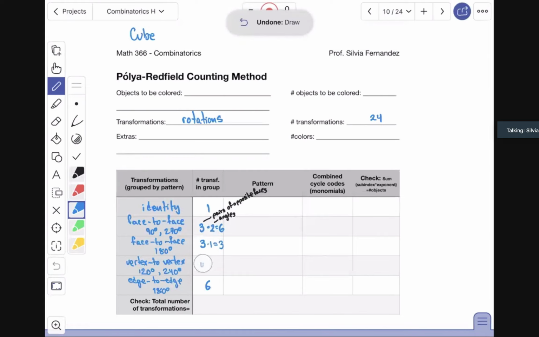I have 4 times 2. So I have 2 angles and I have 4 pairs of opposite vertices. And these are pairs of opposite edges.